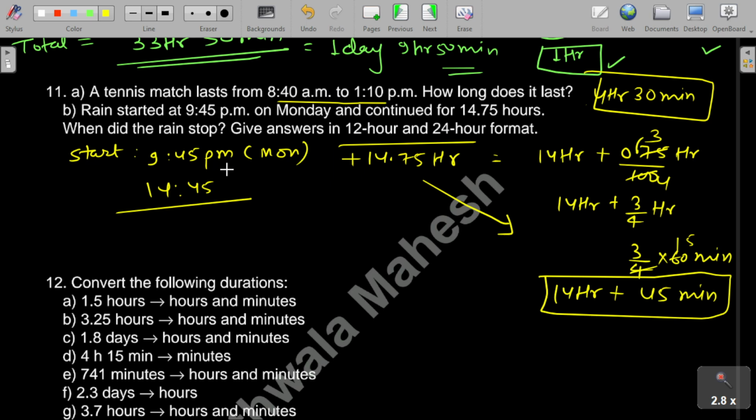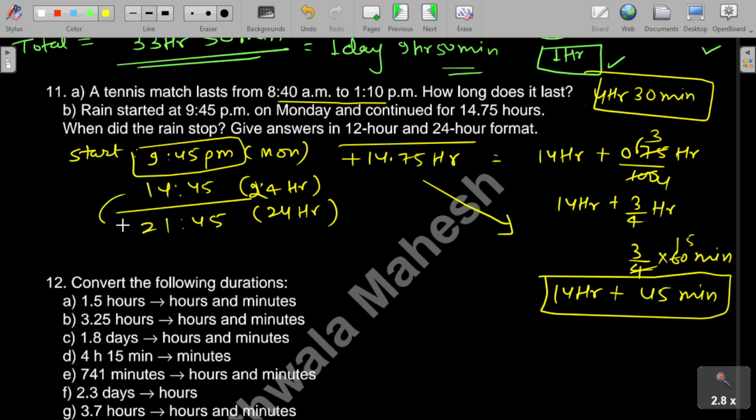Because this is a 24-hour format, we have to change 9:45 p.m. into 24-hour format. So 9 p.m. is 21, so 21:45. Now both quantities are in 24-hour format.